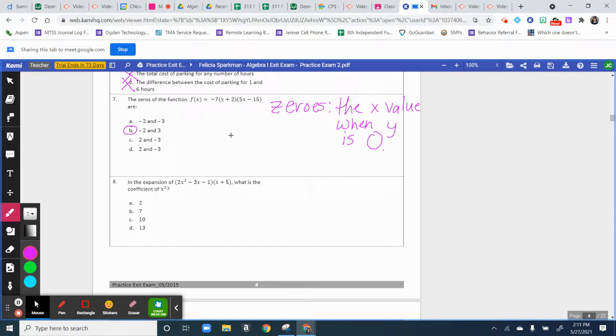Now we can also do this algebraically. So again, I want to know what is x when y is 0. So I can take what's inside the parentheses and set that equal to 0.